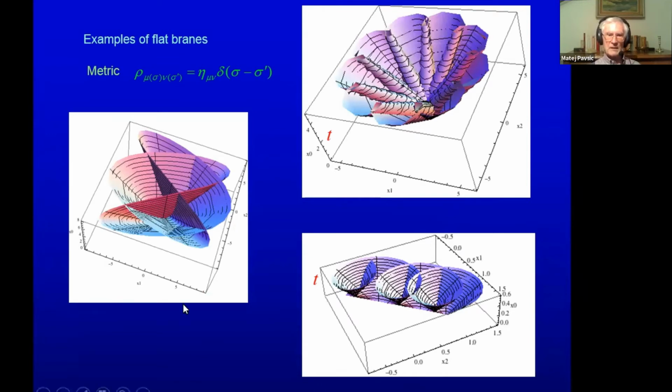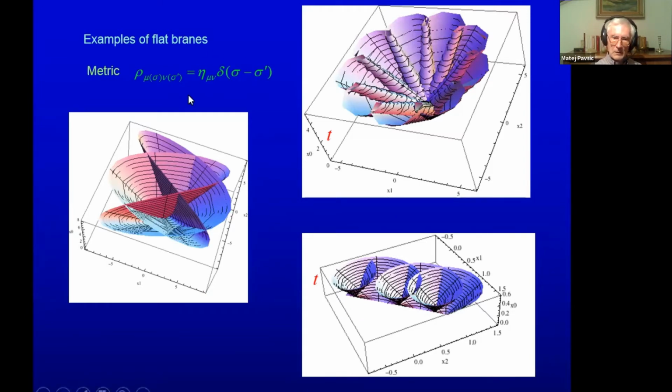So the metric, as I told you, is a simple one, an extension of Minkowski's metric, which gives flat world lines. And now you see all world lines are flat. The structure of the object is very complicated and interesting, with this self-interaction. But all world lines are straight.